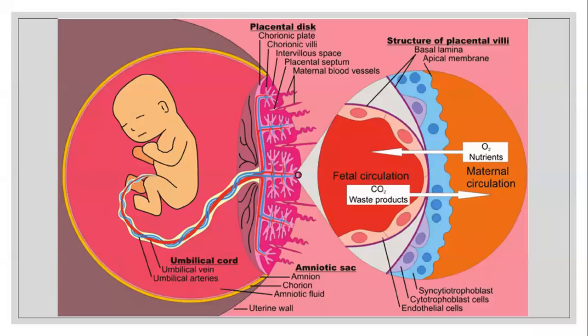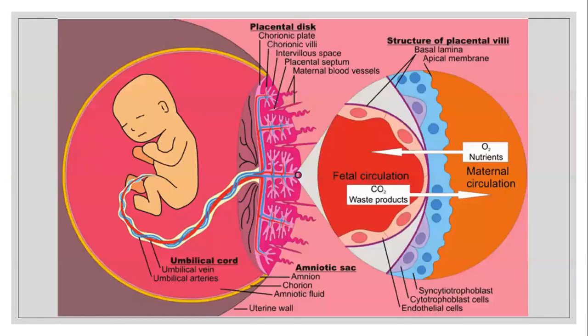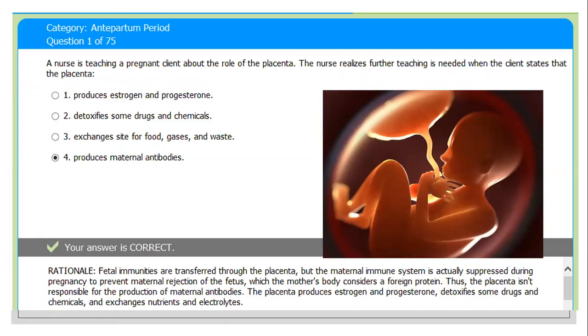So let me go back to the placenta. The fetal part develops from the chorionic sac. This is the chorionic sac, this one. And the maternal part, this one, is derived from the endometrium of the uterus. So what are the normal functions of the placenta?